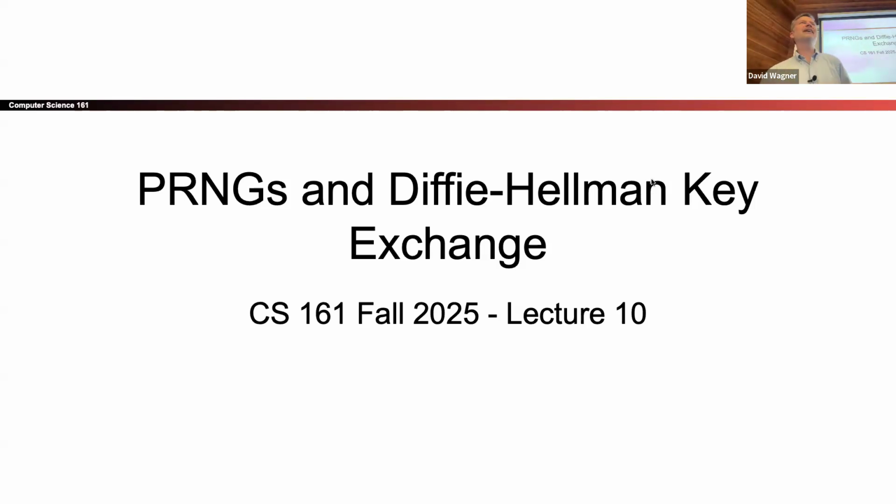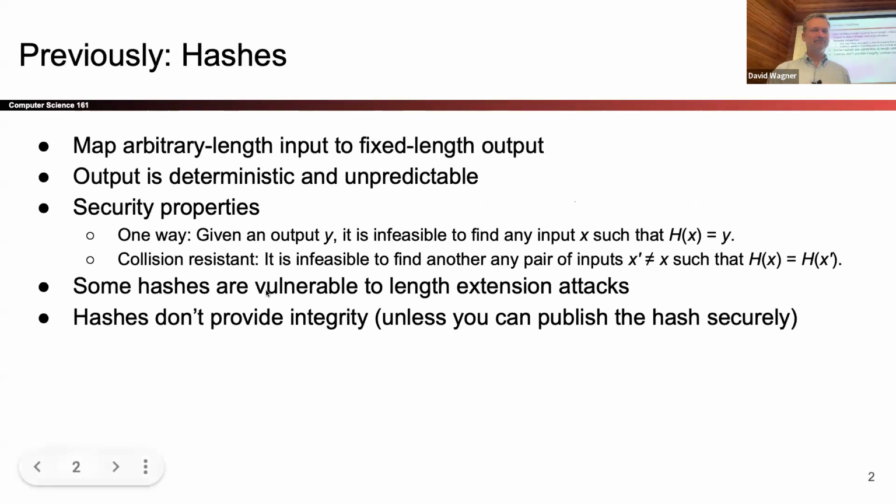All right, let's get started again. So I'm going to start with how do you generate random numbers, since we need random numbers for many purposes in cryptography, including choosing a random key.